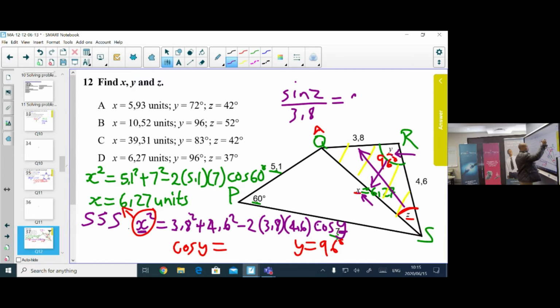So I would take sine 96 over x, which is 6.27. So with this, your z will give you that answer.